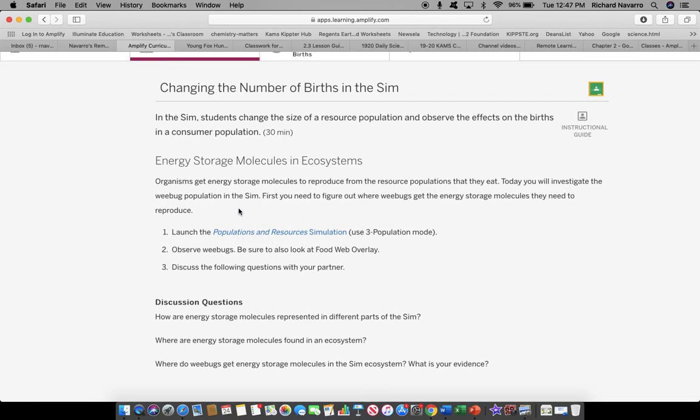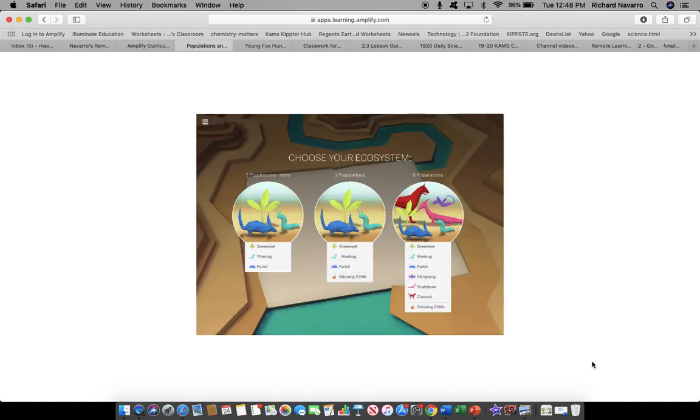So, the exact instructions are to open the simulator. You do so by clicking on the blue link and use the 3-population mode. So let's get started. All right, here we are. So we're now logging into the 3 populations mode, so it's the middle option.